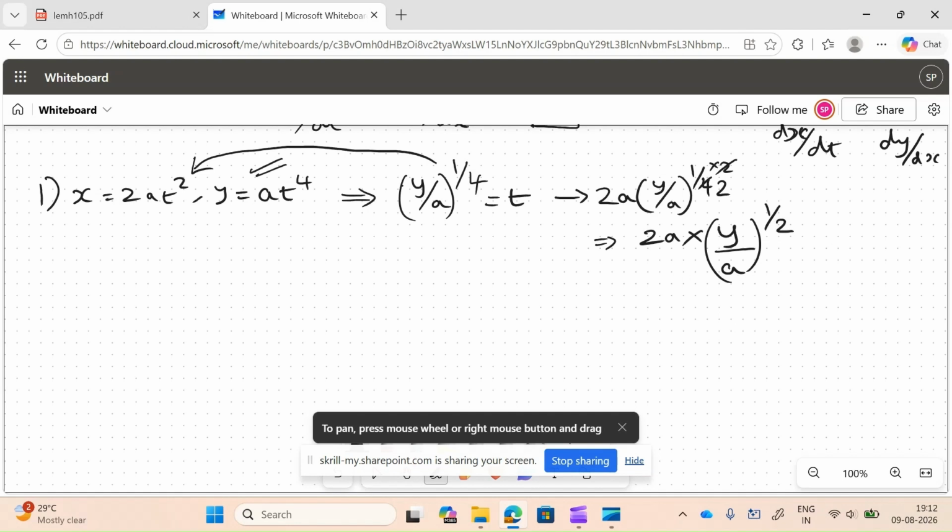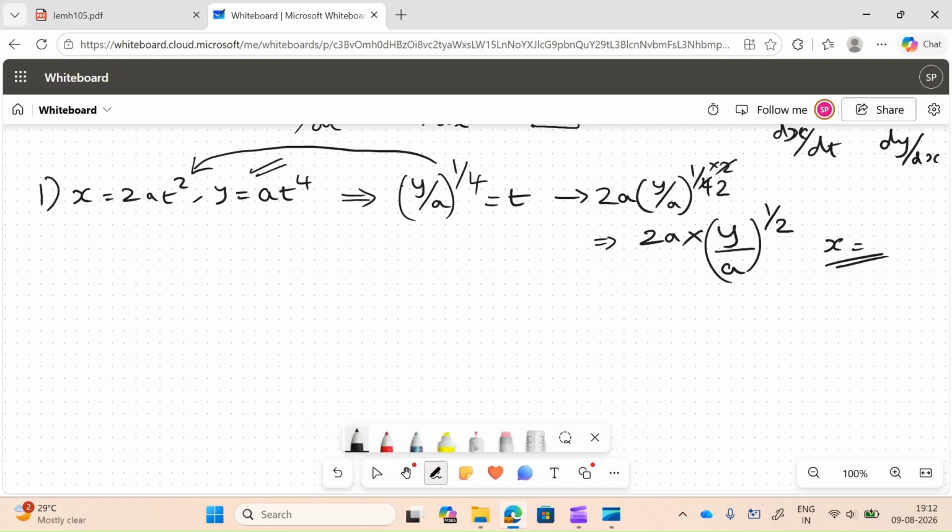Now you got x in terms of y itself, so you can directly differentiate the whole equation. But this is not how we'll do it. This is a complicated method, and sometimes it can be very complicated. So maybe they'll mention in the question to solve without eliminating the parameter.